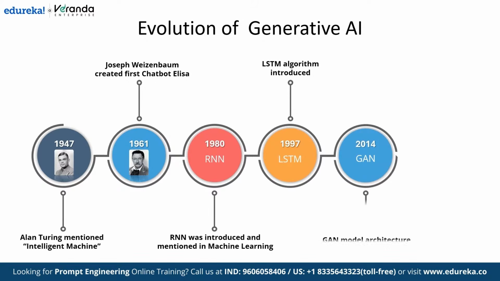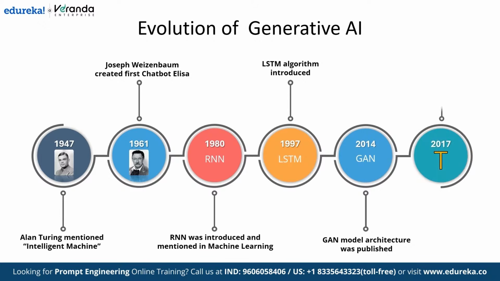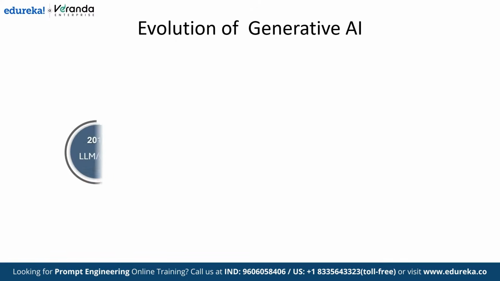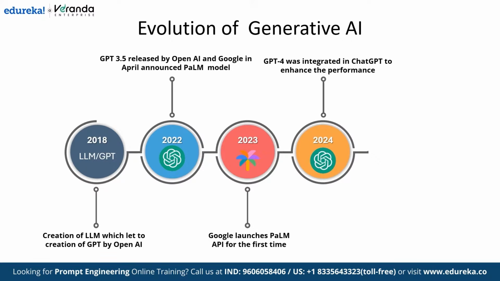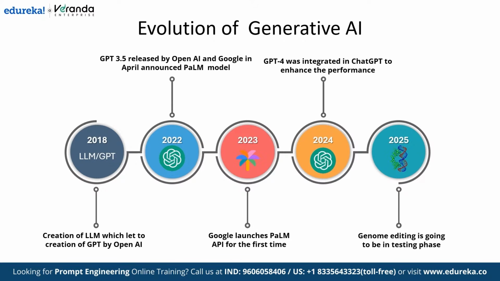And then GANs emerged in 2014, transforming creative tasks. Fast forward to 2017 when transformers like GPT entered the scene. By 2023, GPT 3.5 and Google's PaLM marked significant milestones. And by 2025, we are on the brink of AI breakthroughs in chemistry and genome editing.